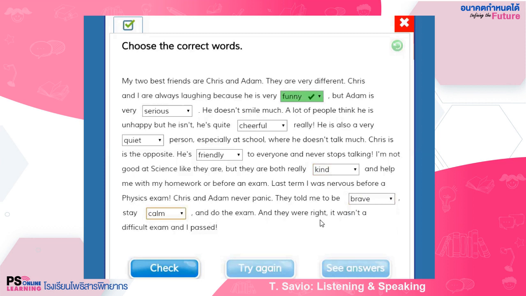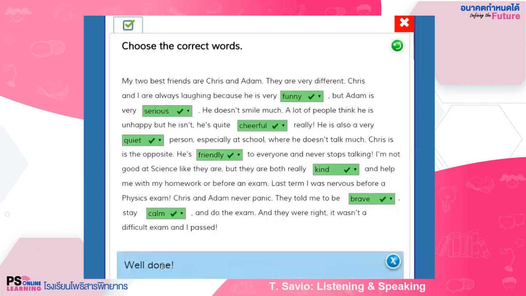And they were right. It wasn't a difficult exam, and I passed. Let's check the answers. Well done. So I think by now, students are able to understand the different types of words. Let's go on.